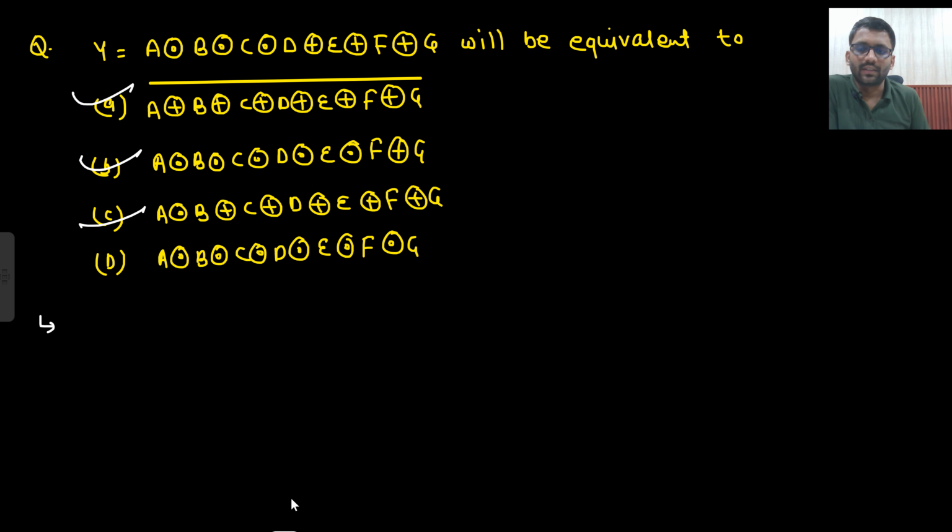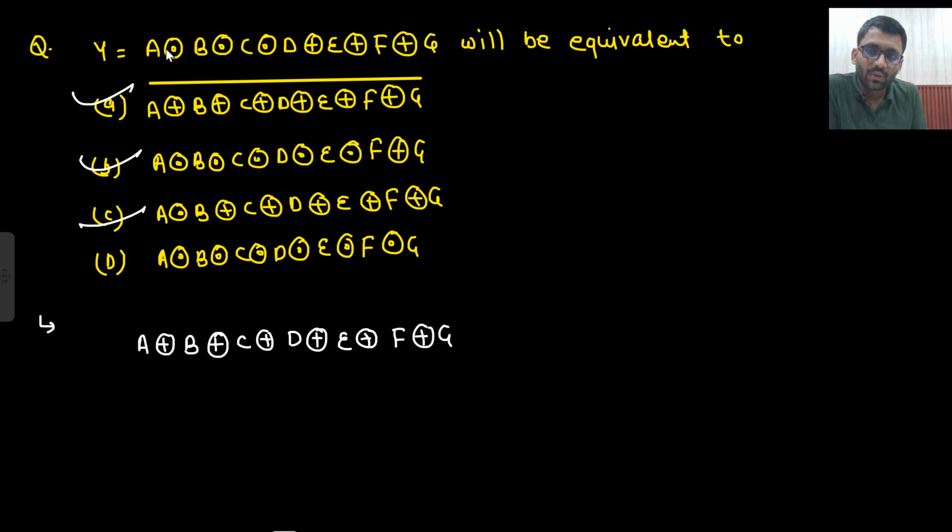1, 2 and 3. Why is that so? Because there are 3 bars. If these dots are converted to plus, that means 3 dots I converted to plus.